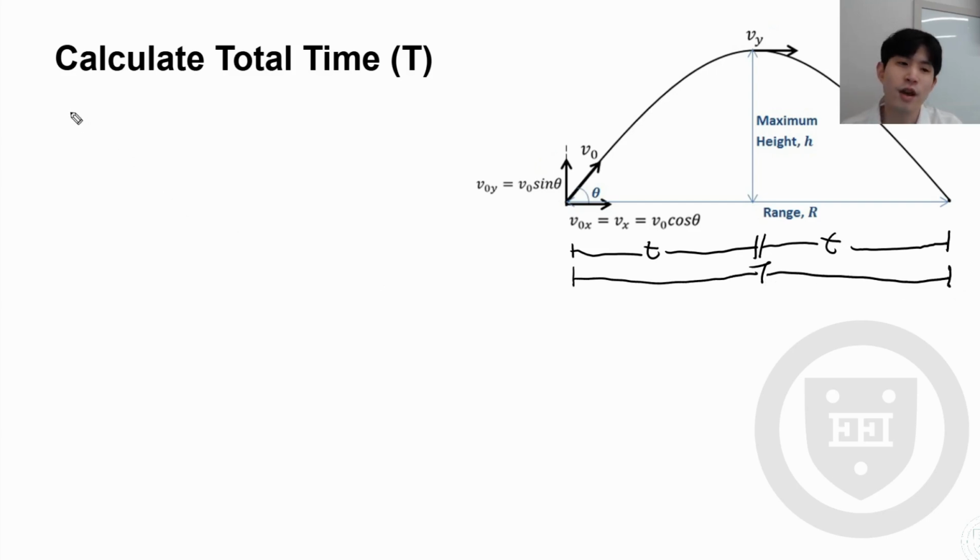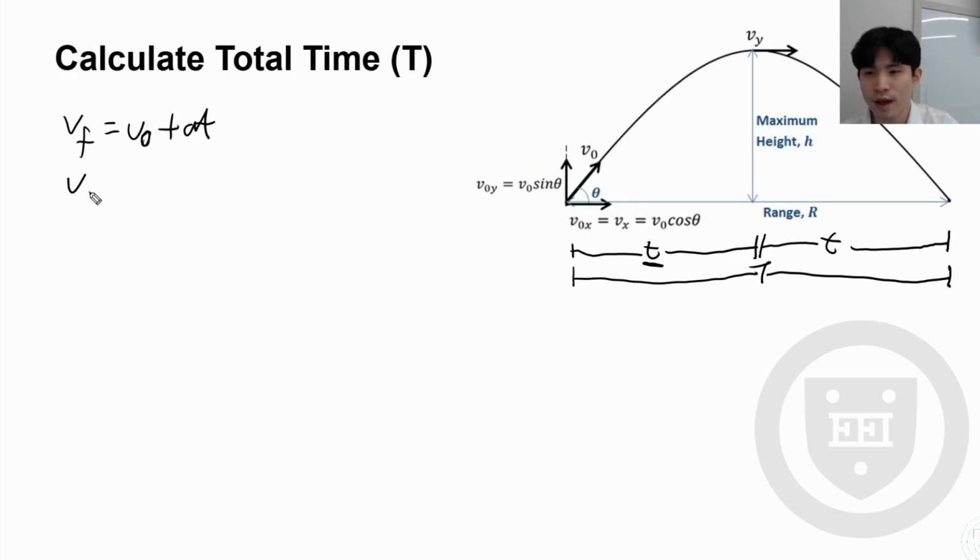In order to calculate small t, we need to use one of the big 5 equations, which is Vf is equal to V0 plus at. In here, we are only considering vertical components of the velocity. So we are going to find t using this section of the projectile.